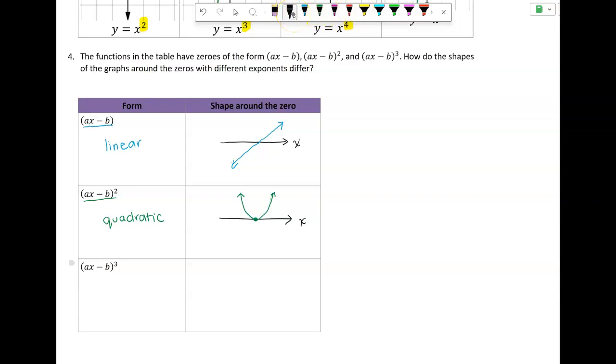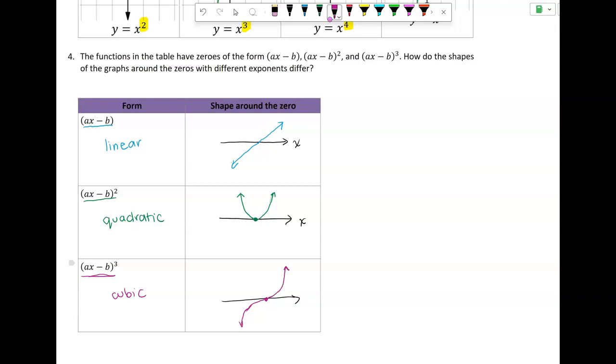Now if we look at the final one here, the one I have shown is a cubic, which has the exponent of 3. Cubic functions, if you recall, go up. So it's kind of like the quadratic where it's a high slope that goes into a low slope around the x-axis, and then it hits the x-axis, and increases its slope again but in the different direction, going into a higher slope.